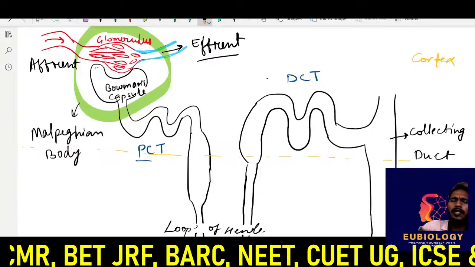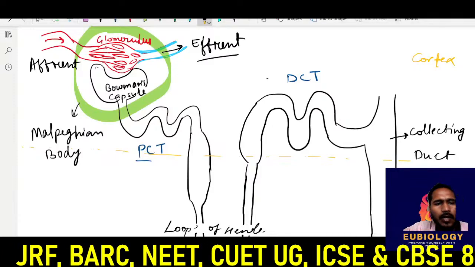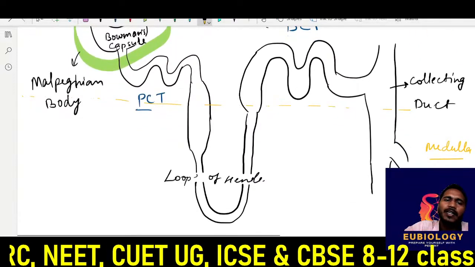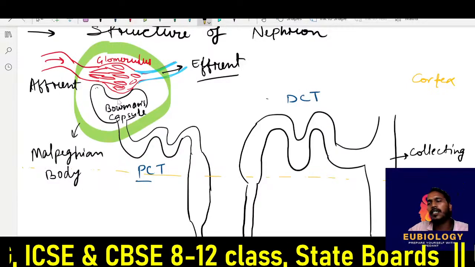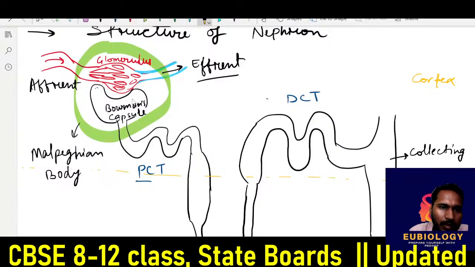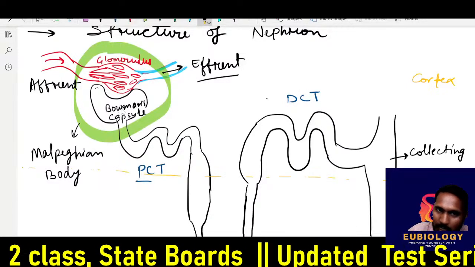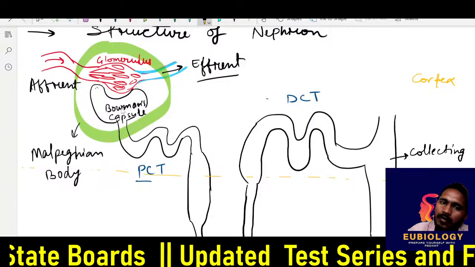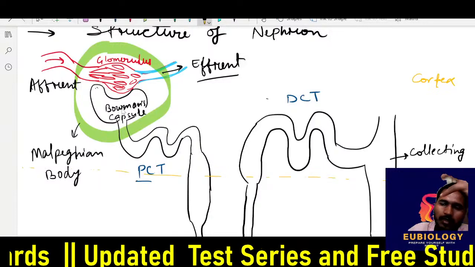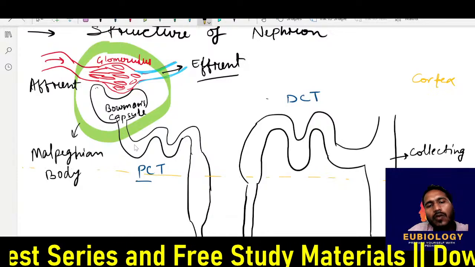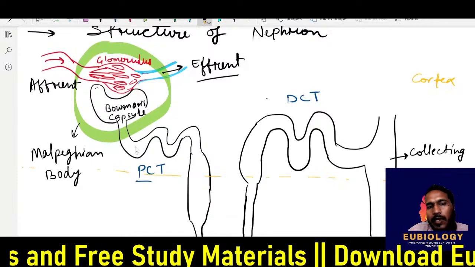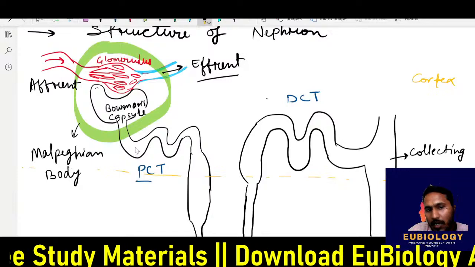So always the loop of Henle length will be short in the cortical nephron. Now finally, whatever blood is coming, blood will be filtered here, and filtration depends upon the pressure of the blood. Okay, so after filtration, the Bowman's capsule will take over the waste, not only waste, all the filtered part. So the filtrate may contain glucose also, may contain amino acids also, may contain any drug also.